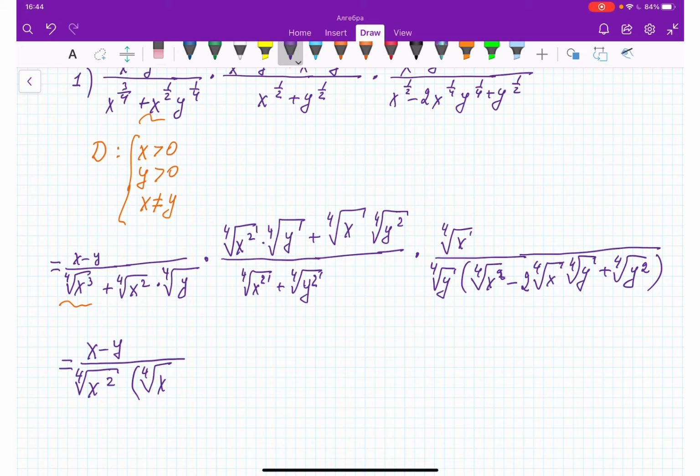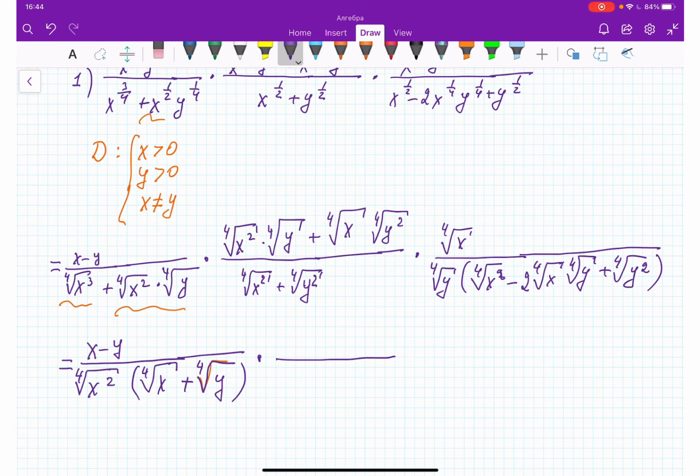Because I had cube, 2 I took out, I have left x, and plus. From here, radical degree 4 of x squared got out, so I will have radical degree 4 of y. Yes? Okay. Moving to the next one, times.